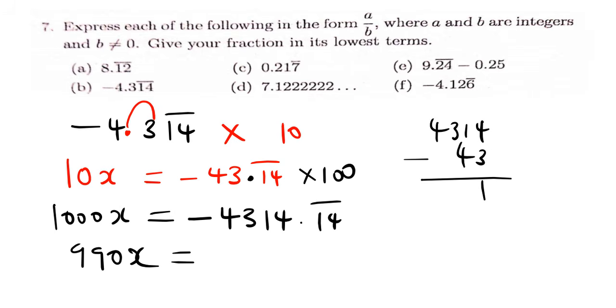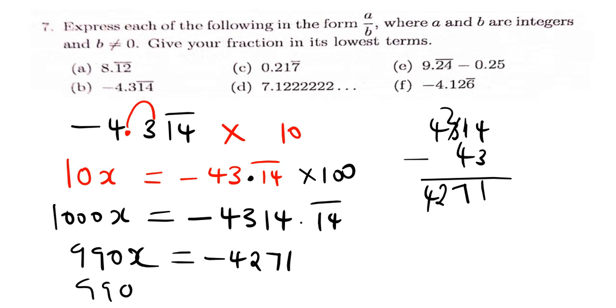So that is 1, that is 2, 11 minus 4, is it 7? Then we've got a 2 and a 4, so we're going to have negative 4271. Hope we're very correct.